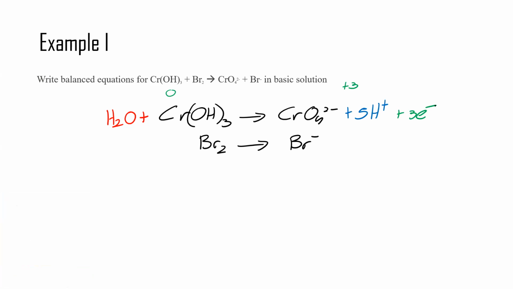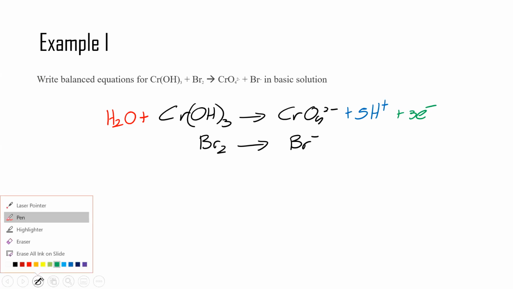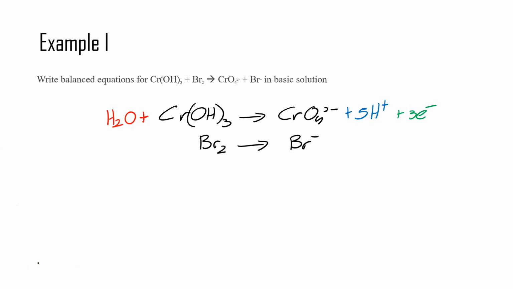Same thing will need to be done for the bromine, though this looks a little bit simpler, but this is a situation where the atoms are not balanced. So here, in fact, you will need to balance the atoms. Once it is balanced, there are no oxygens, there are no hydrogens. Therefore, we just balance the charge, 0 and minus 2.